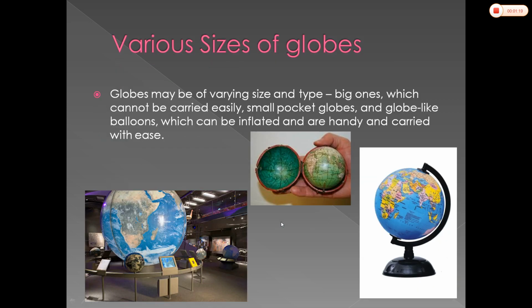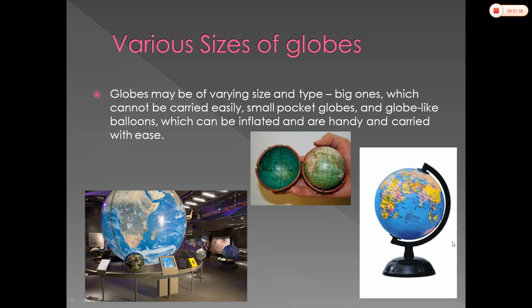The globes are of various sizes. Globes may be of varying size and types. Big ones which cannot be carried easily, like this, as you can see here, the first one. Sometimes the globes are of small pockets, and the globes are like balloons also.